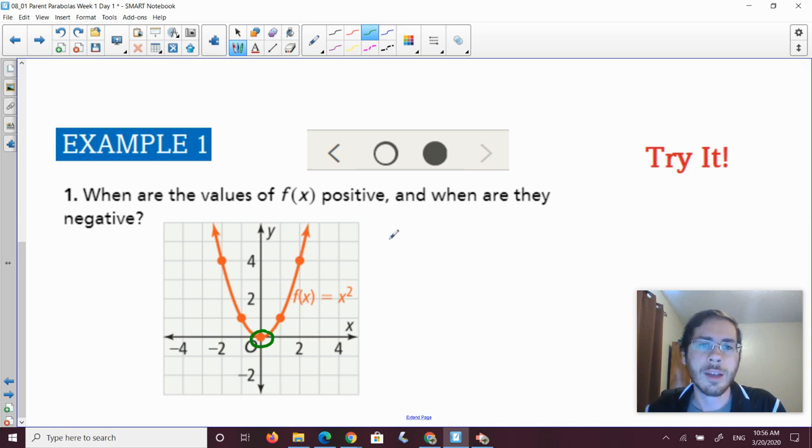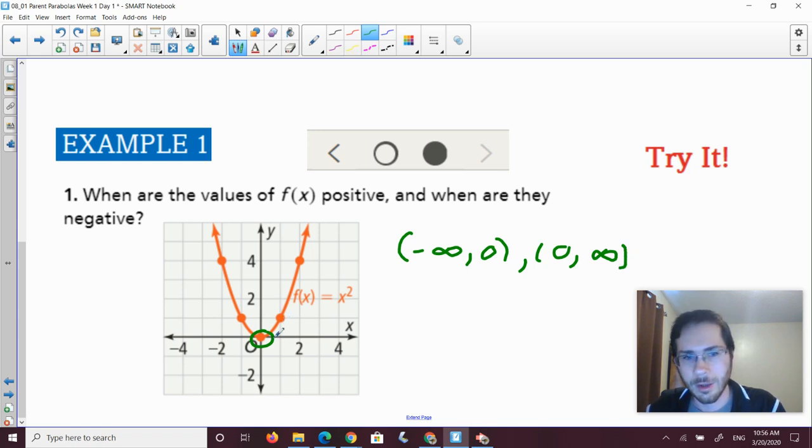So for f of x positive, we go all the way from negative infinity to 0, and then also from 0 all the way to infinity, which means it's everywhere except 0, because remember at 0, we got 0 for f of x, so it's neither positive nor negative. It's negative nowhere. It never goes below the x-axis, so the values of f of x are never negative.